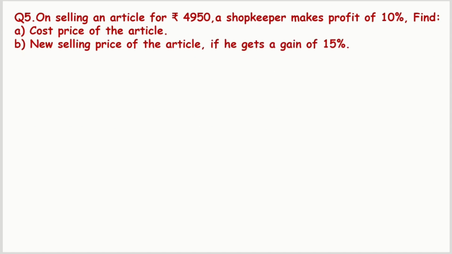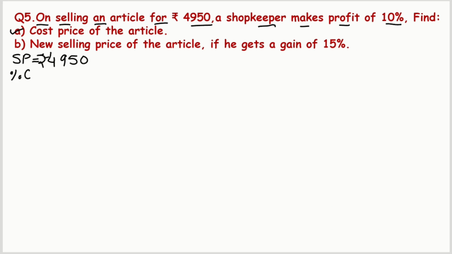So here we have our next problem. On selling an article for rupees 4950, a shopkeeper makes profit of 10%. Find, first, the cost price of the article. So the selling price is given, which is 4950 rupees.